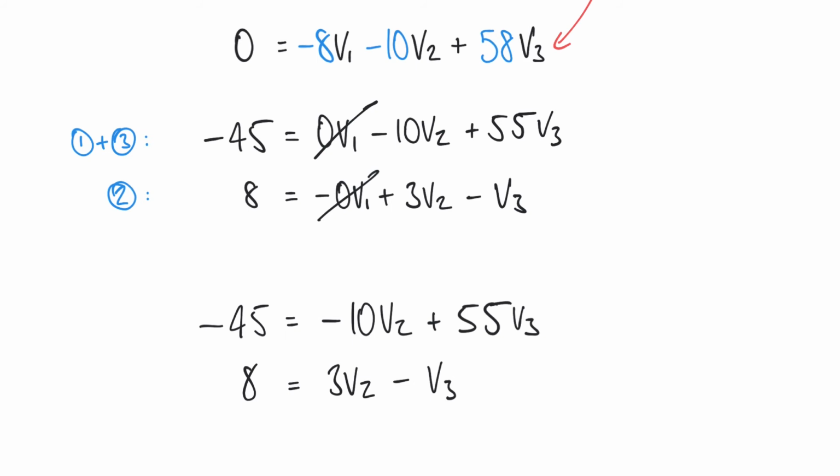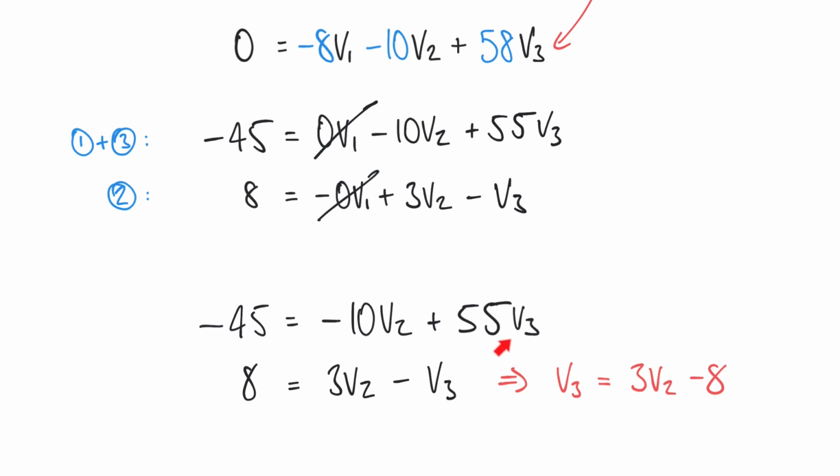So one thing we could do here is perform substitution by rearranging equation 2 in terms of V3. So rather than 8 equals 3V2 minus V3, like we have here, we could say that V3 equals 3V2 minus 8. So let's now substitute this expression for V3 into the equation we had for 1 plus 3.